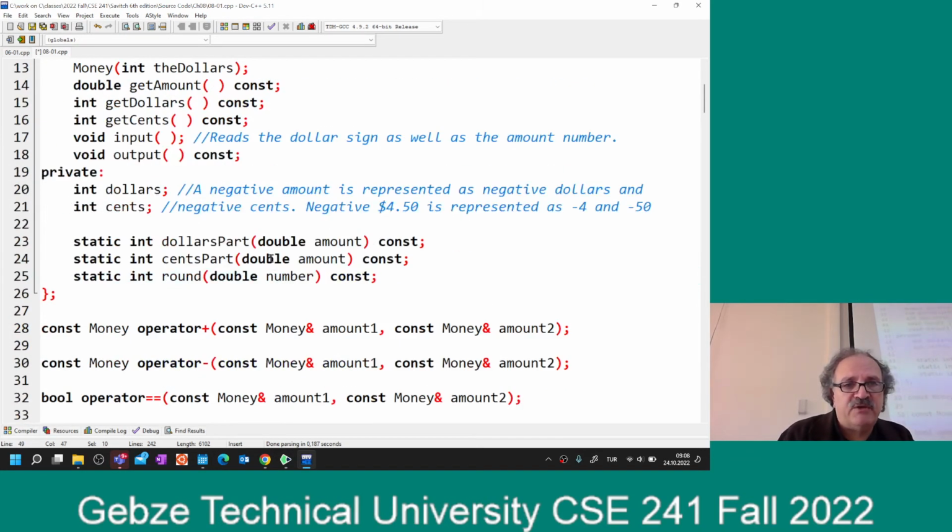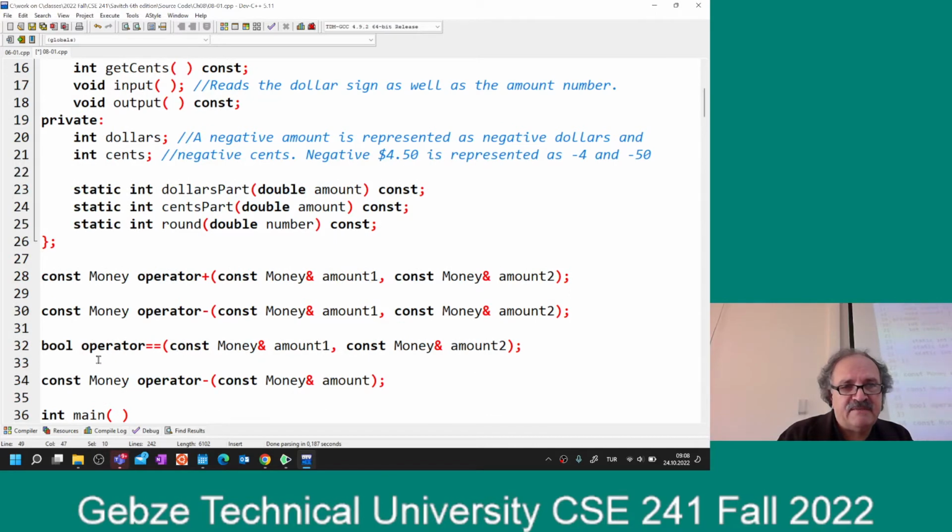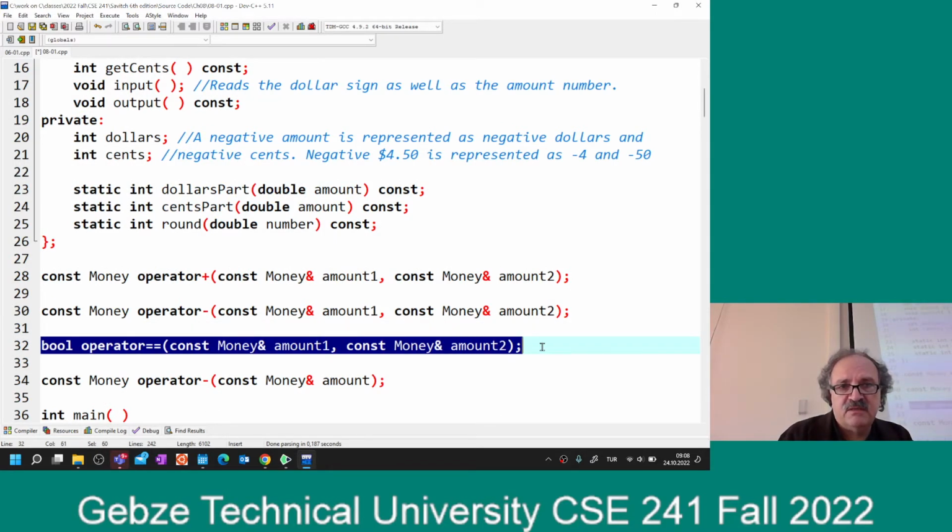I didn't show it to you, but yes, there is a global function. Its name is operator equal to. It will take two constant object references and it will return a Boolean. So the compiler says okay, I can make this call because there is such a function.